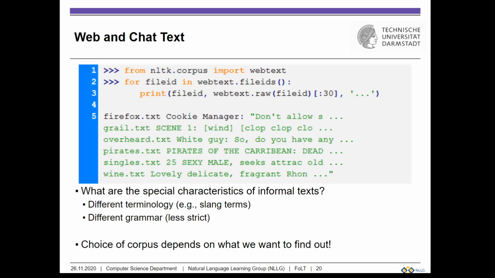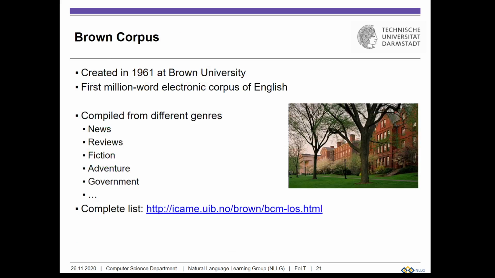If you want to find out how informal text on the web is written, you'll of course use the web text. It all depends on your research question. And of course, you can also compare different text genres, right? How do they differ in terms of the vocabulary that they use? And also you could do a grammatical investigation.